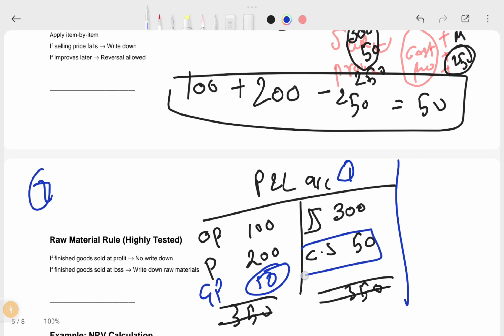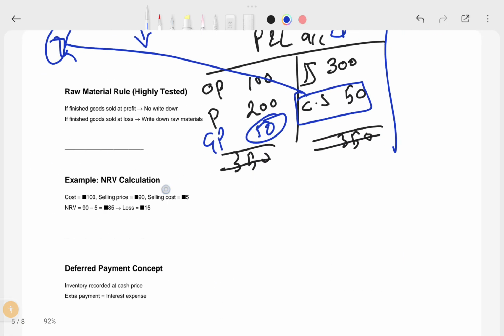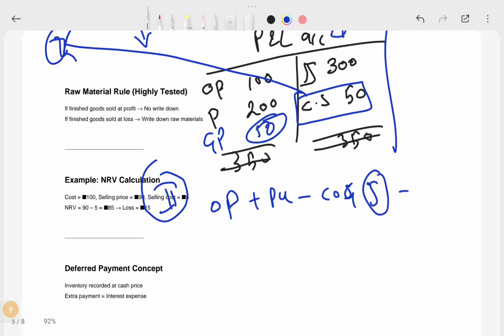if the same stock is available in year 2 also, the question of reversal of NRV will come from the standard. Generally, in retail business, you cannot identify whether the same stock stays there or not. So in the second year also, you automatically calculate the same formula: opening stock plus purchases minus cost of goods sold is equal to closing stock.